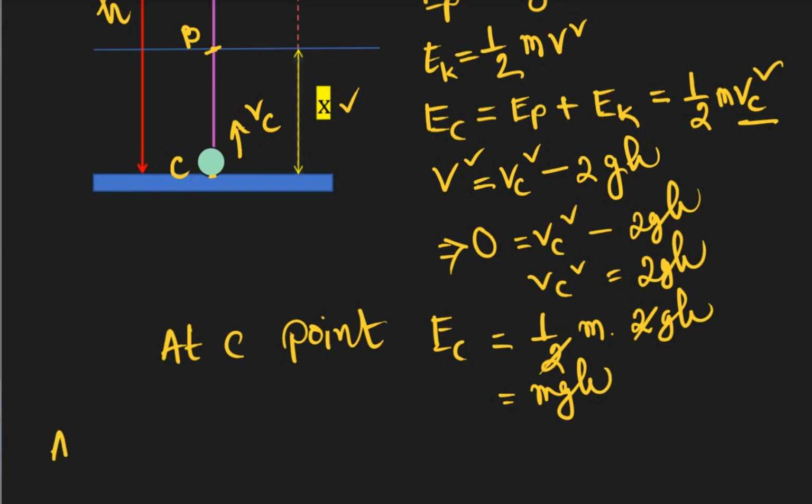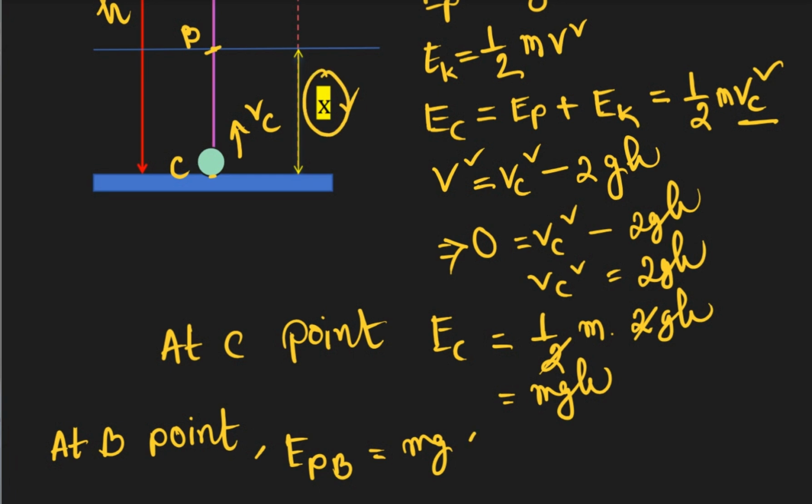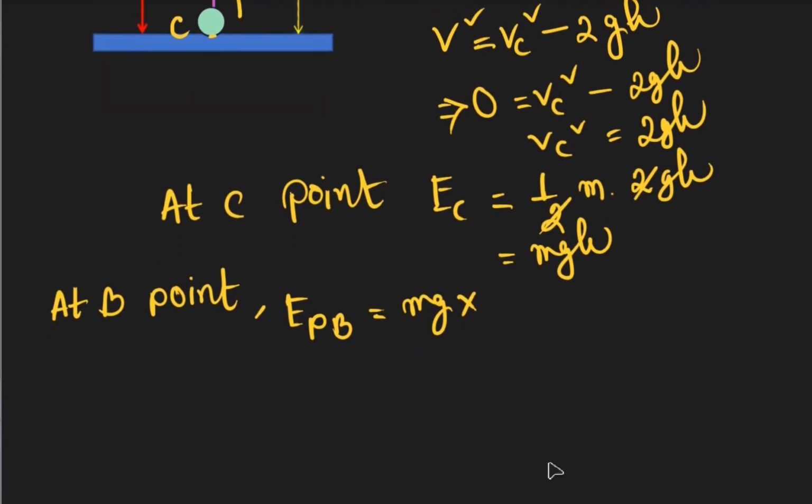At B point, the potential energy EPB equals mg times the height, which is x. So the potential energy is very straightforward, but the kinetic energy will be half m vB square.